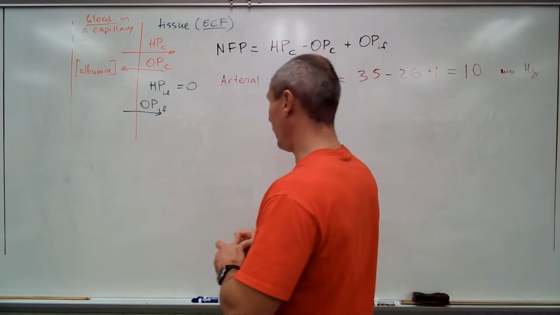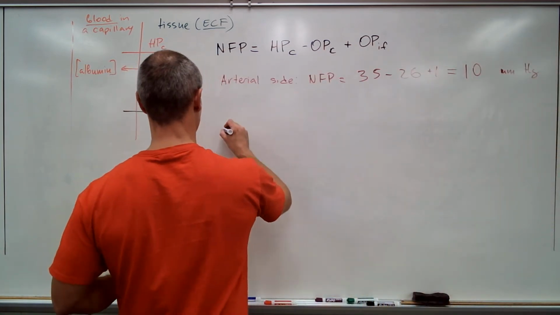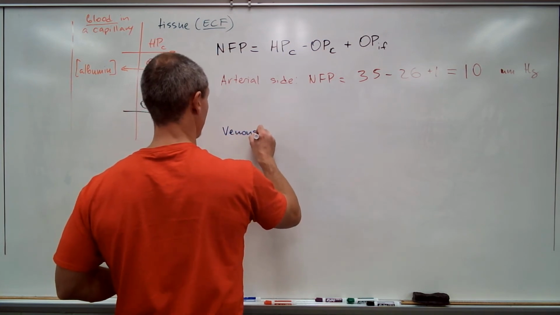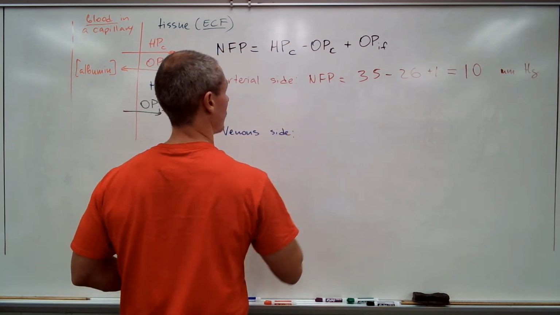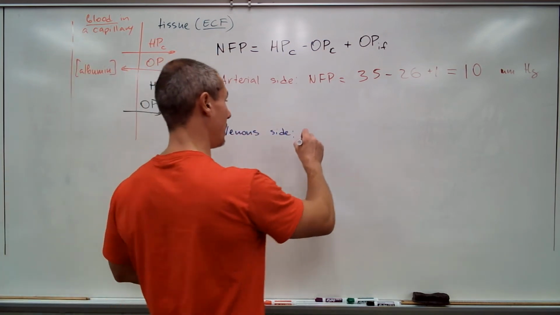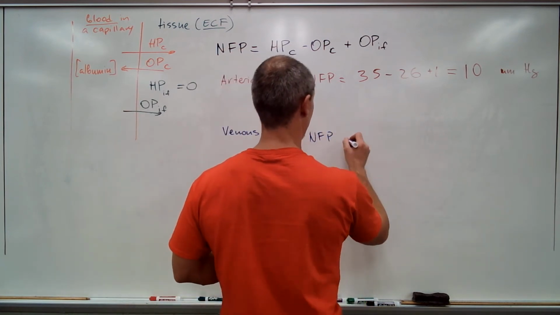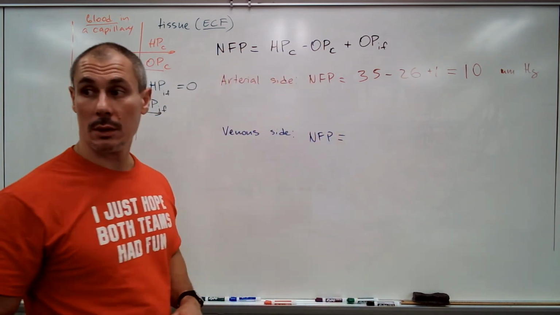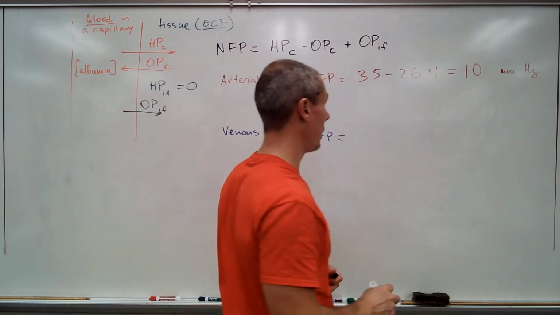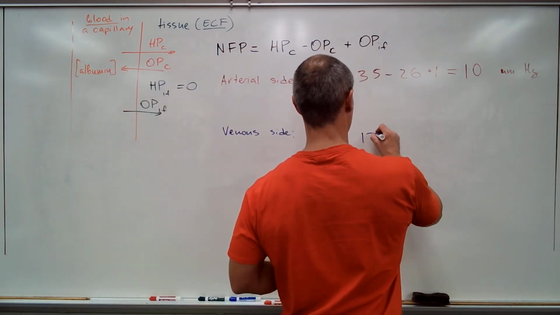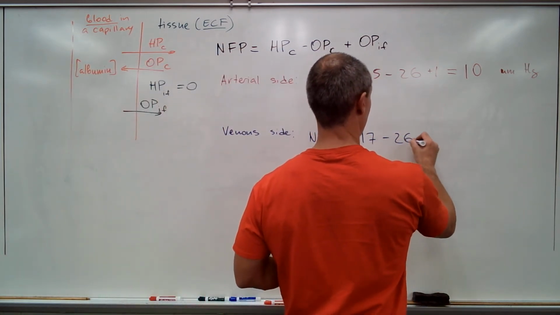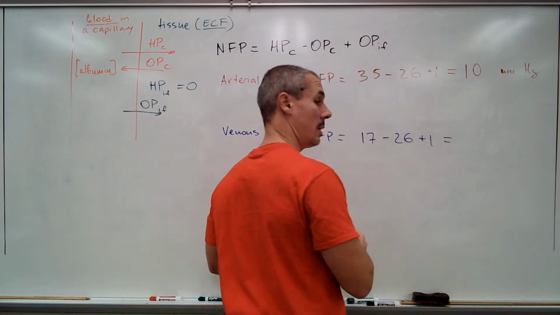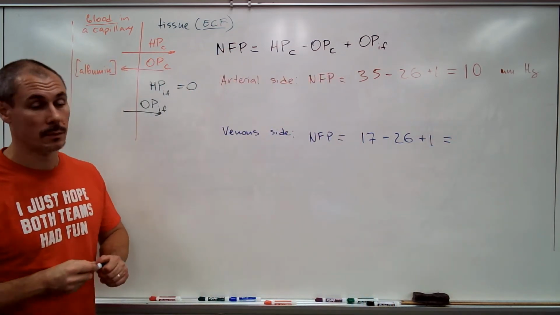So what about the venous side? Okay. Venous side, the only parameter that is going to change is hydrostatic capillary pressure, which is going to be 17. Now in this case, check this out.